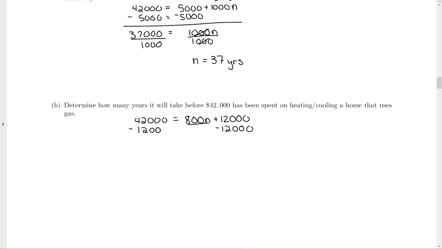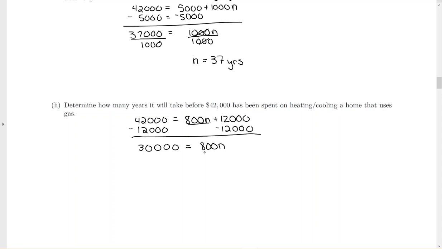Notice we've done a lot of always doing the addition and subtraction property first before you do a division step. So I have 30,000 equals 800n.